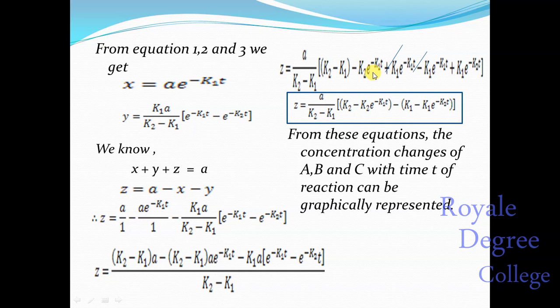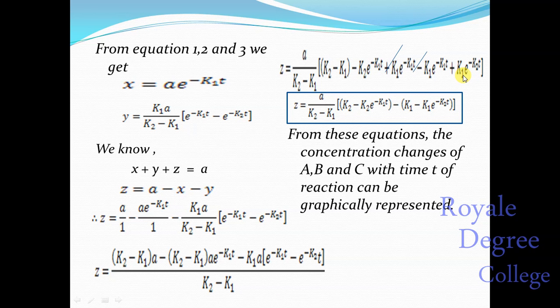Then minus into minus becomes plus, k1 e to the power minus k1t. Then here the plus into minus again becomes minus. First of all, minus k1 e to the power minus k1t, then minus into minus is plus, k1 e to the power minus k2t. This one we are writing.